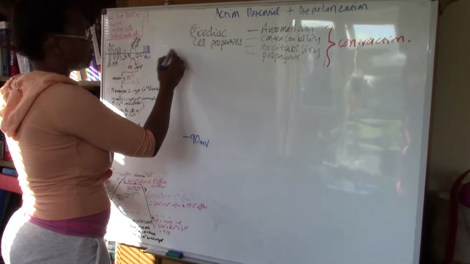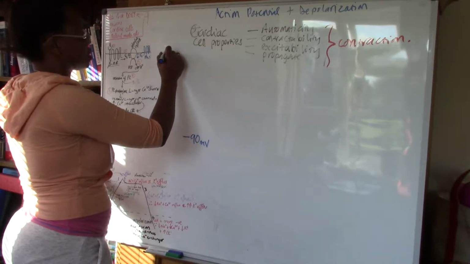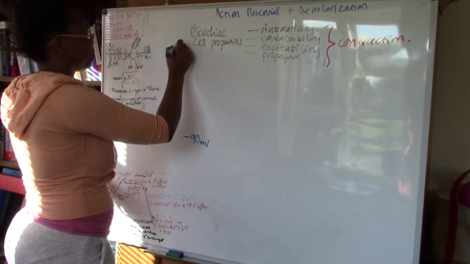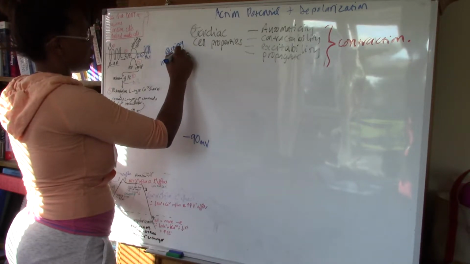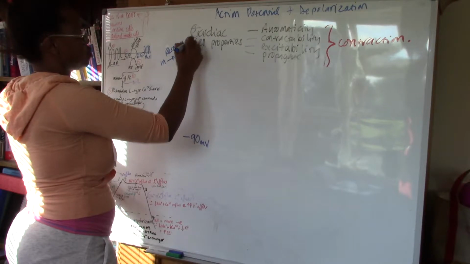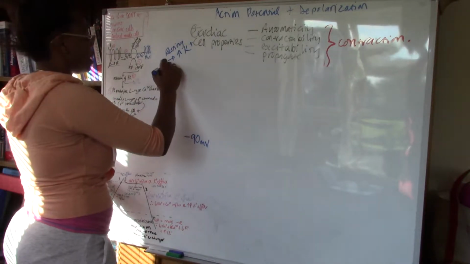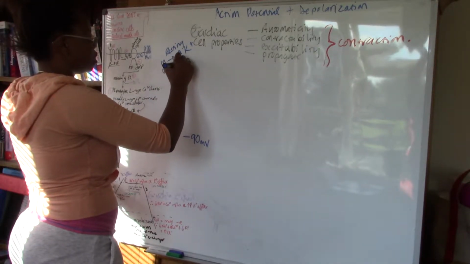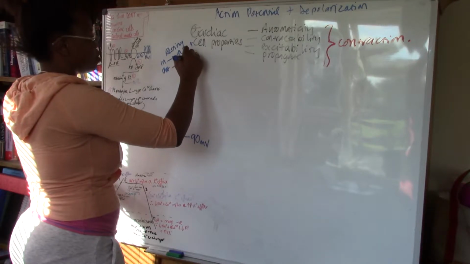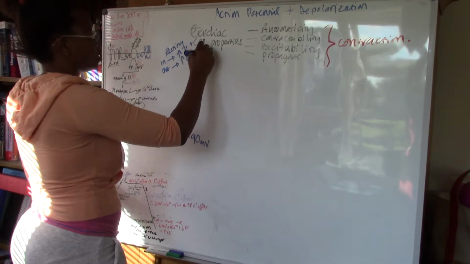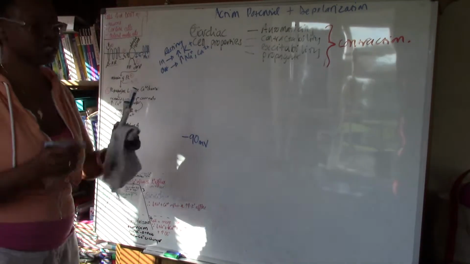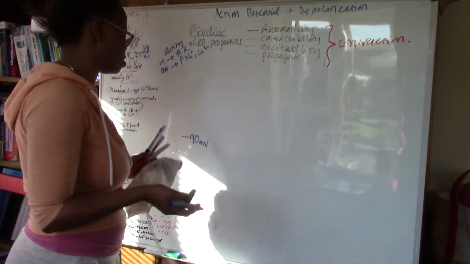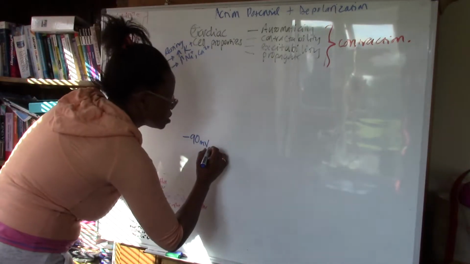The inside of the cell has a high concentration of potassium, and the outside has sodium and calcium. So this is a resting cell that's not doing anything, that's just there.